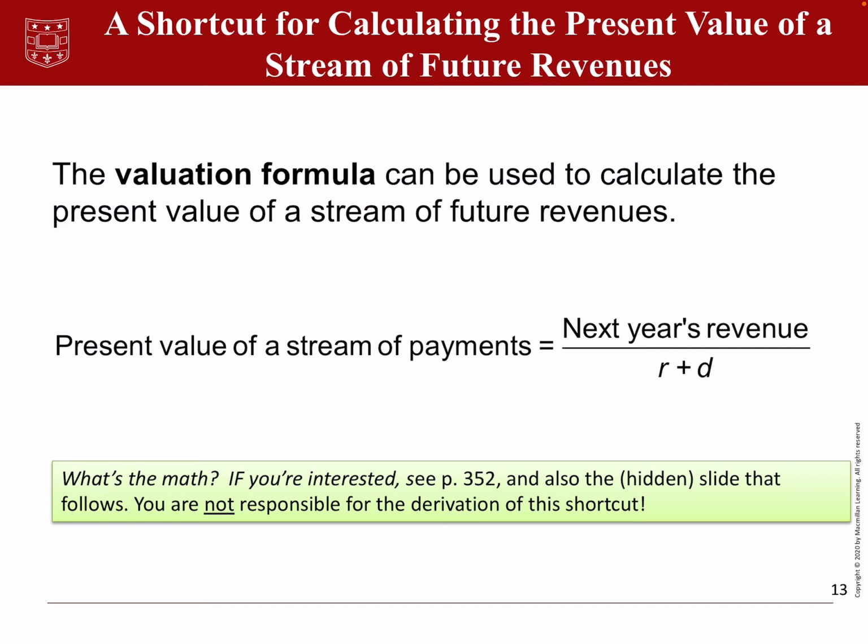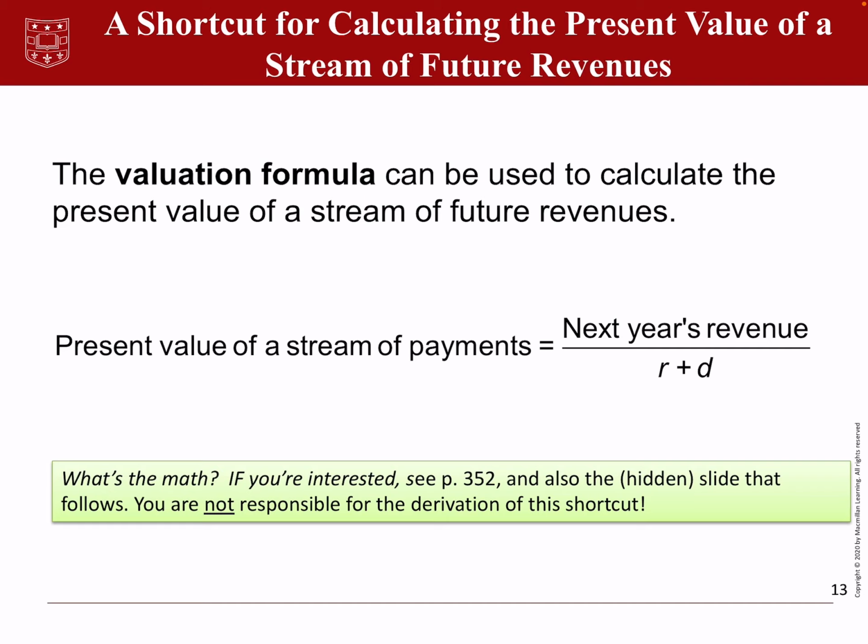Now, that's a lot of work, and we would literally be here forever if we carried this out to infinity time periods from now. So there's a shortcut that is handy to put into place, and the shortcut works because of the nature of the problem that we have.